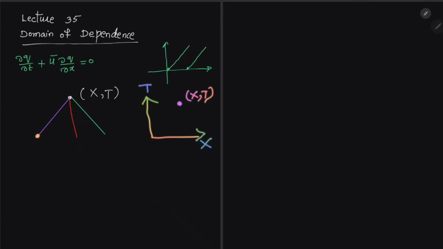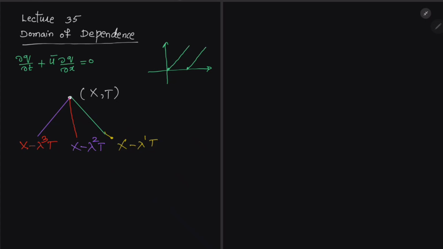So the first point is x minus lambda 3 t. Then we have x minus lambda 2 t, and this point on the x-axis is x minus lambda 1 t.